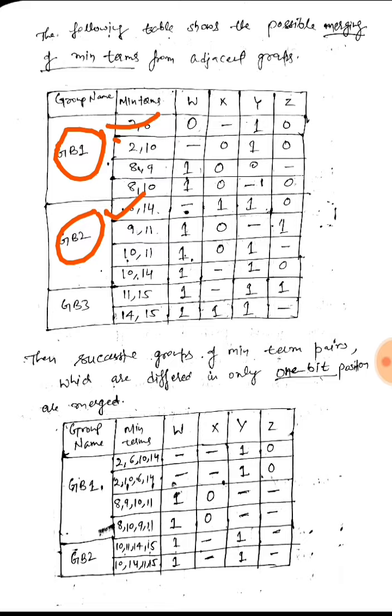The change is at position 0 in 2, 6, 10, 14, that is 0 to dash and dash to 1.